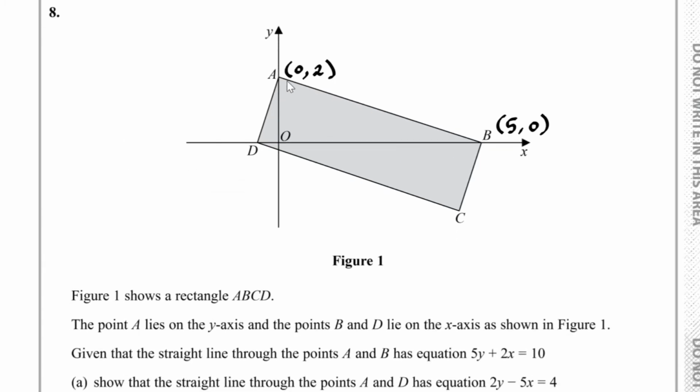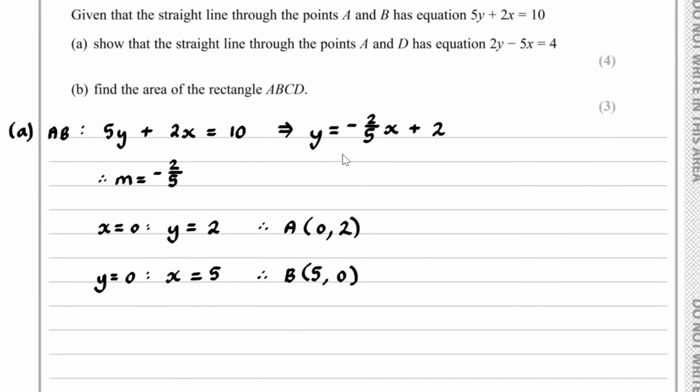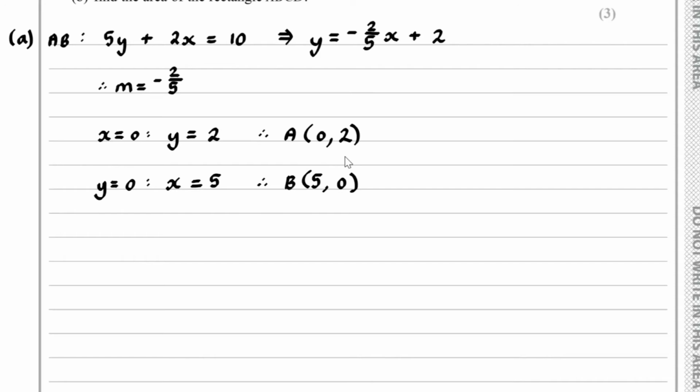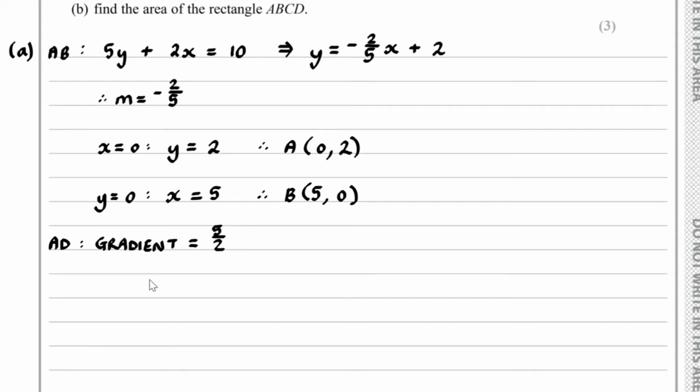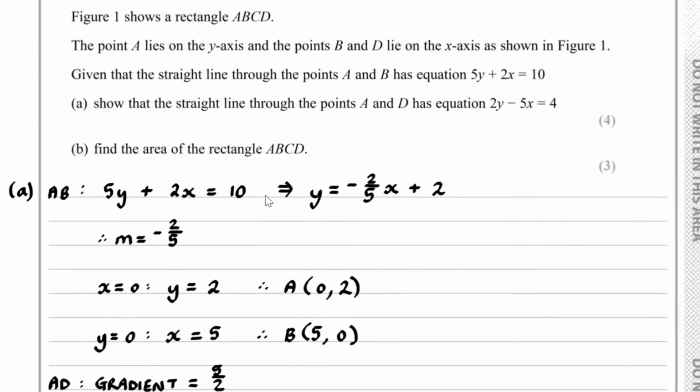Now we can find out the line AD, we can find out the gradient of AD. We know it passes through the point 0, 2. So if we consider the line AD, the first thing we can do is find out the gradient. So the gradient is equal to the negative reciprocal of minus 2 fifths, which is 5 over 2. And we know that it passes through the point 0, 2.